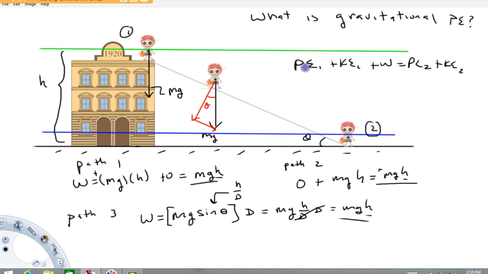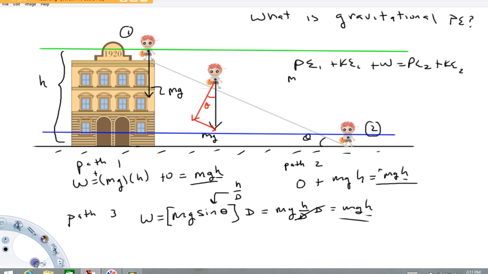As long as position 1 is anywhere along this green line and position 2 is anywhere along this blue line, then the work done by gravity as Timmy moves from 1 to 2 is equal to mgh. And that's what allows us to say, I'm going to call this a datum here and say that PE1 is mgh. And then PE2 is 0, which is perfectly fine. And then you can proceed with the rest of the problem.